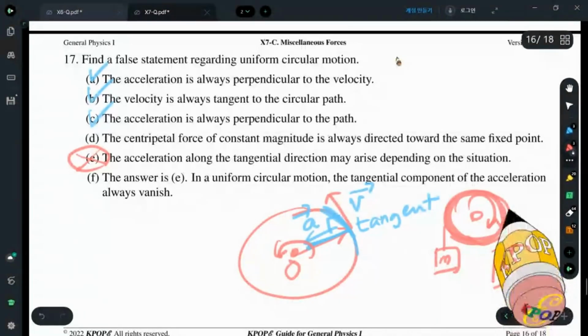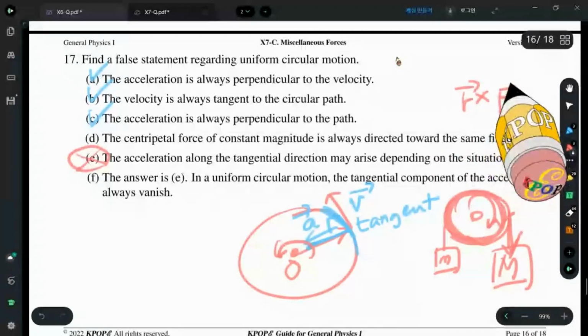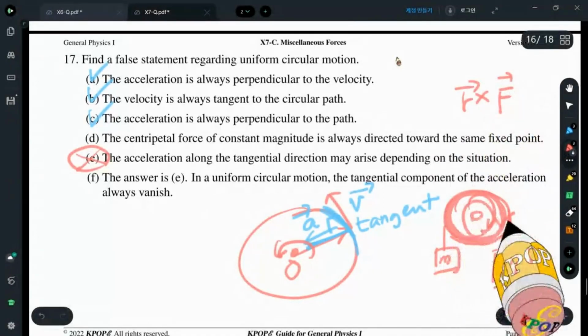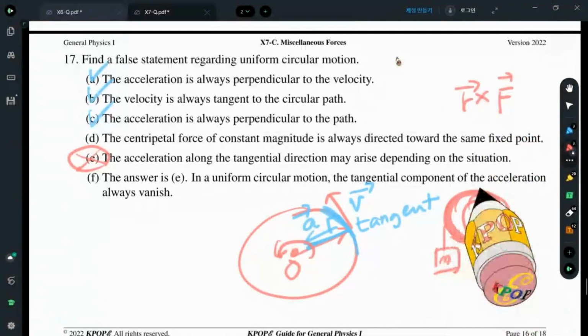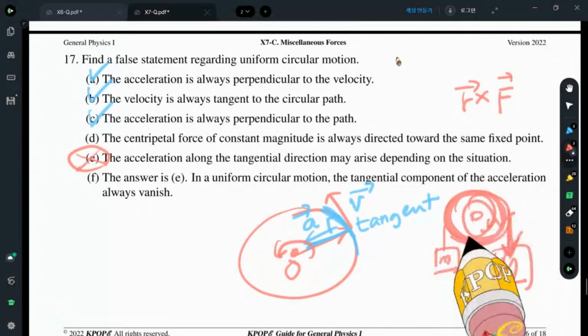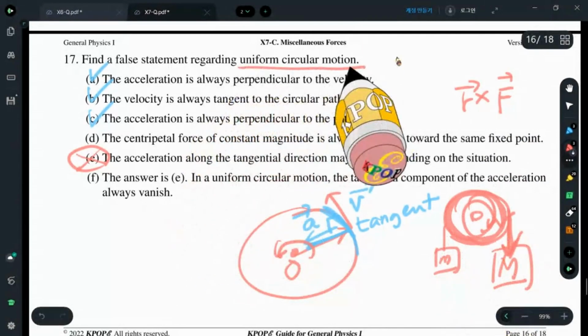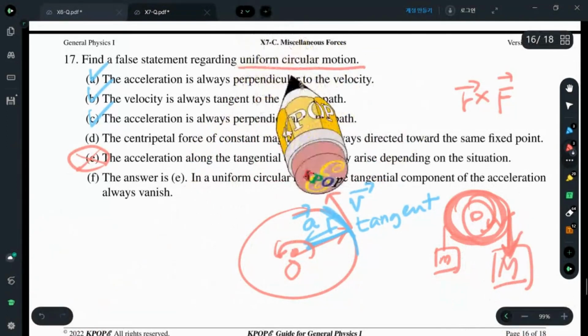Torque is R cross F, which later we will study, the force applied to a rigid body that makes the turn faster and faster. That is a tangential acceleration. But in uniform circular motion, tangential acceleration does not exist.